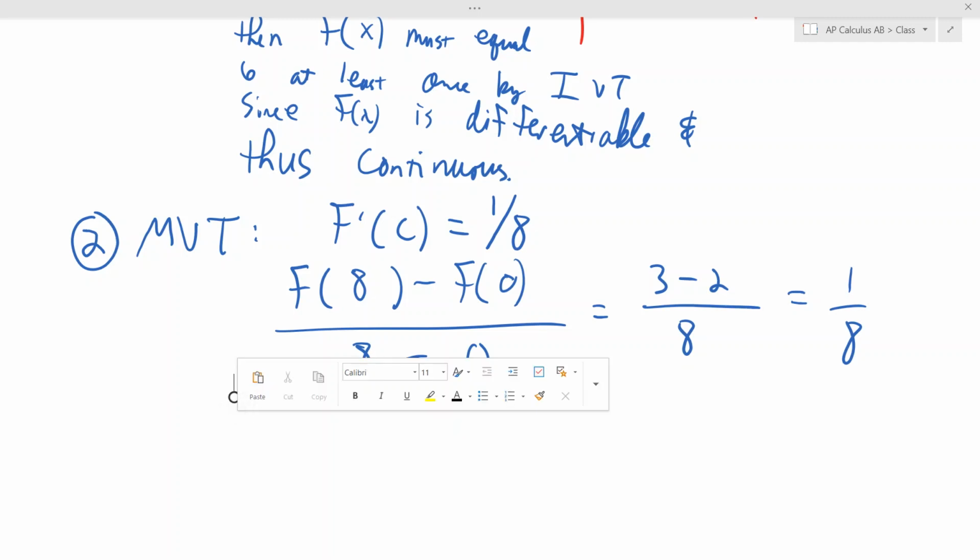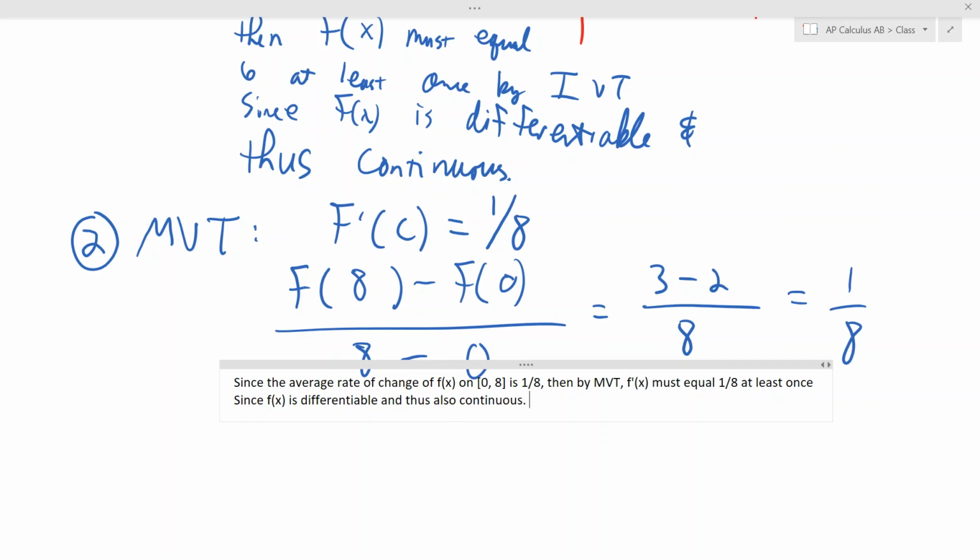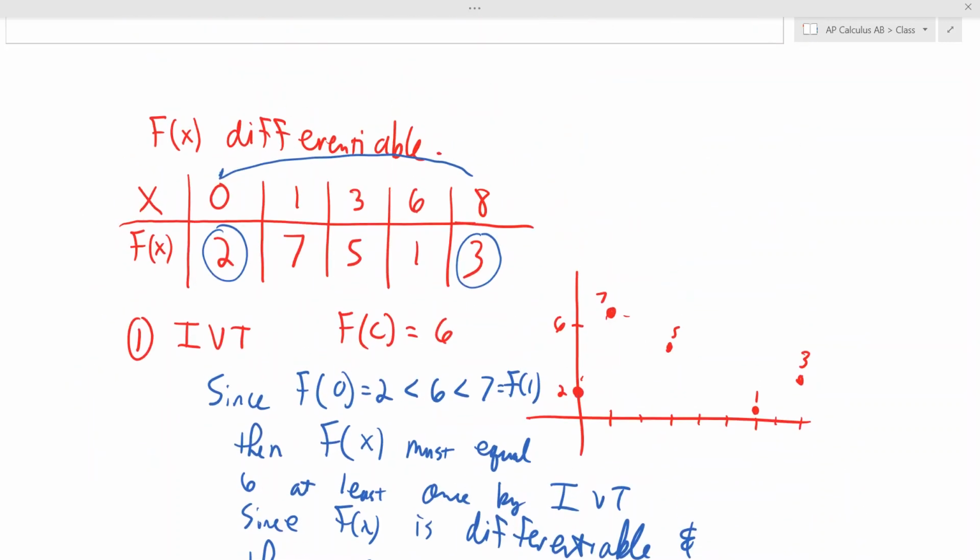We're going to say, since the average rate of change of f of x on 0 to 8, so on that interval, is 1/8, then by MVT, f prime of x must equal 1/8 at least once, since f of x is differentiable, and thus also continuous. Those are pretty basic questions from a table you should be seeing as we go through these free response questions.